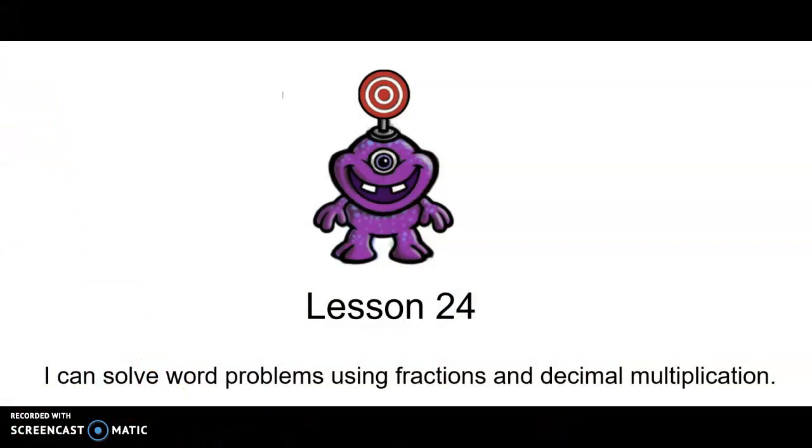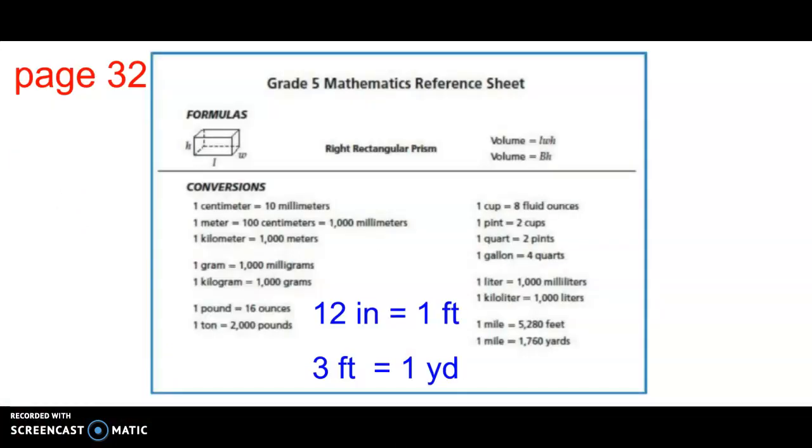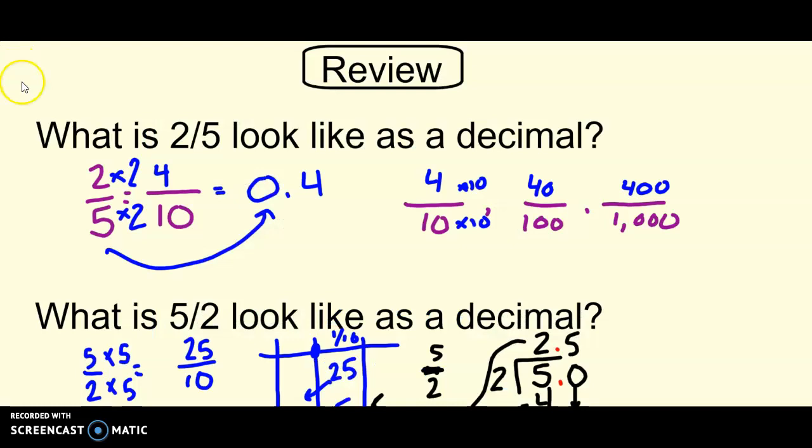So as we work for lesson 24, we know that we have a reference sheet. You can even pause it at the 1 minute and 15-second mark here to check it out if needed. And we also, in our teach piece, talked about there's a couple of different ways that we can look at fractions and decimals.